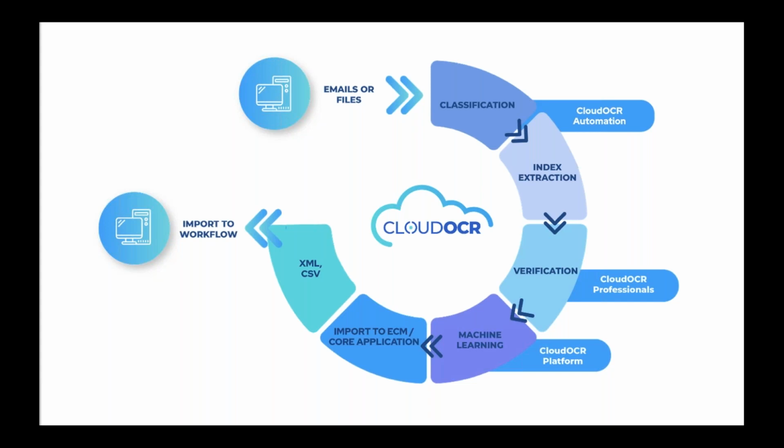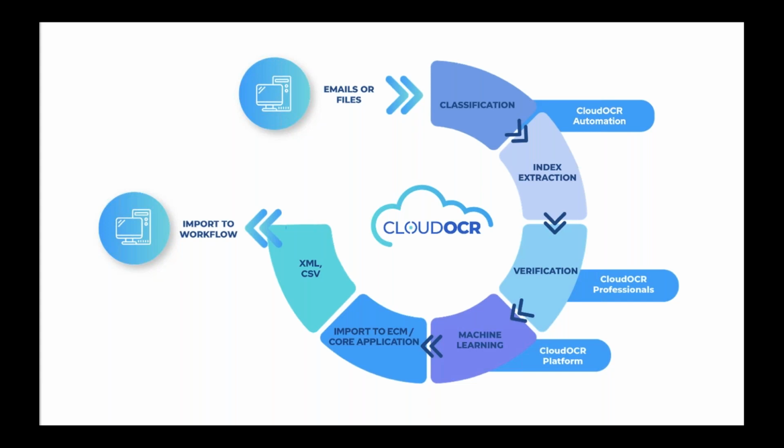Then we're going through that index extraction process, and that one is automated. So the machine learning of CloudOCR is going to try to automatically index as much as it can based on all that it knows about invoices and how to find PO numbers and how to find invoice numbers and the total amount and things like that. Now, for most of those newer school technologies, that is sort of where you would jump in and have to correct and verify any results.